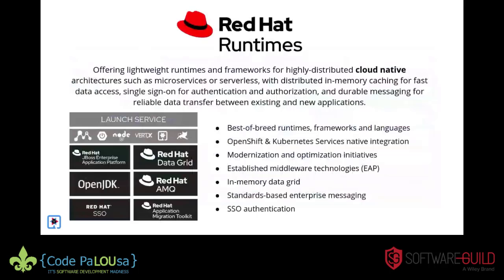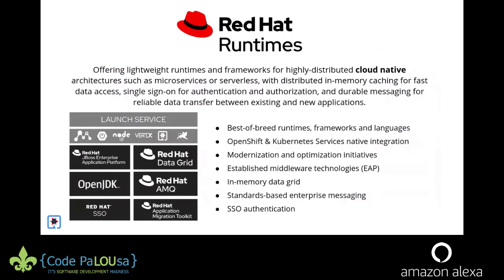Going back to support, I mentioned support for Mandrel, the downstream version of GraalVM. We also are offering support for Quarkus. So if you're heading down the path and maybe thinking that Quarkus might be great for your legacy Spring applications, you want to migrate those, or maybe for any kind of new greenfield applications and you're looking for support, we have this notion of a runtime bundle, and Quarkus is included in that, so you can get support.